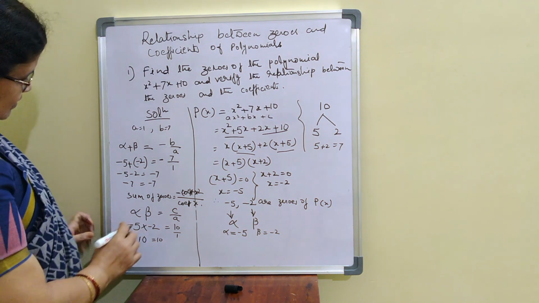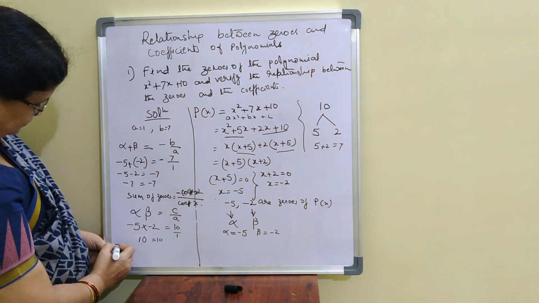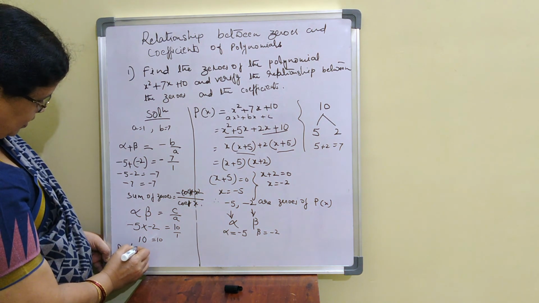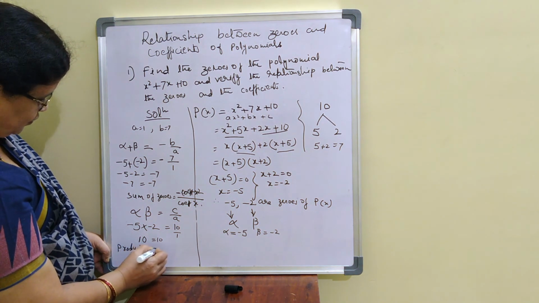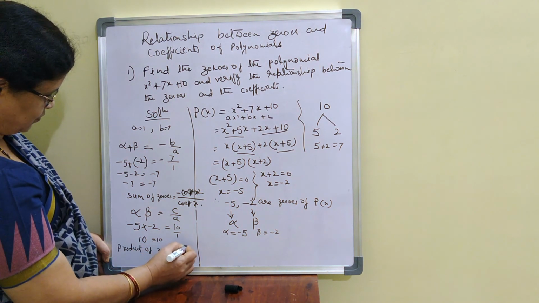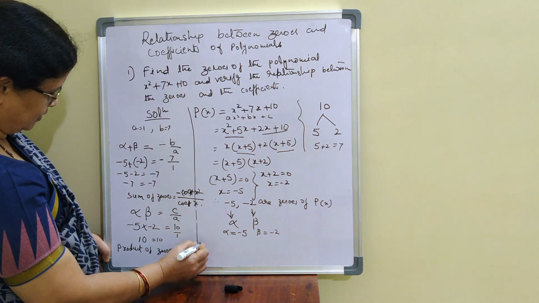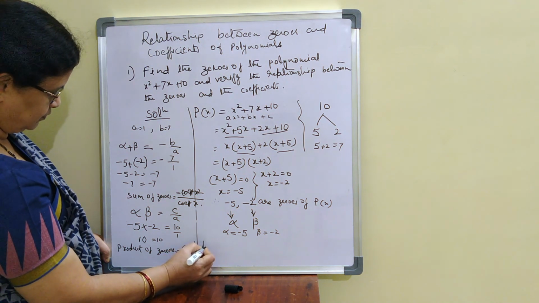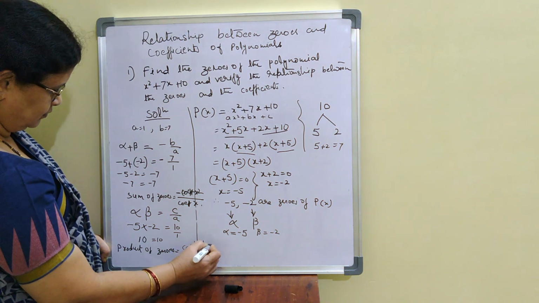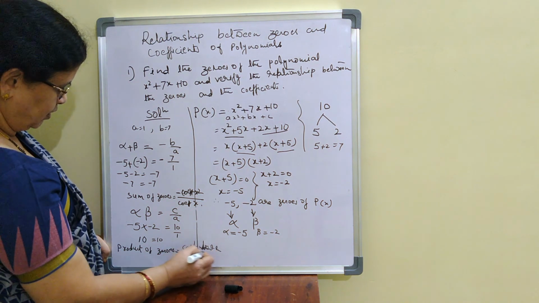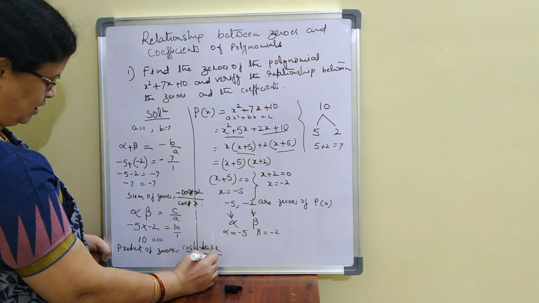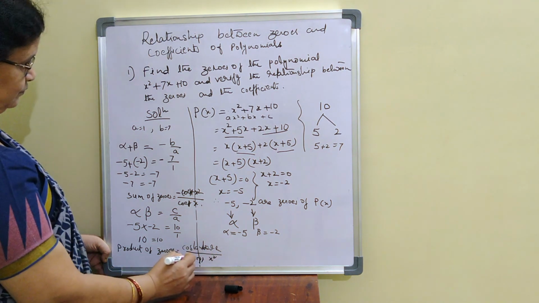So what is the relationship here? Product of the zeros is equal to the constant term divided by the coefficient of x square.